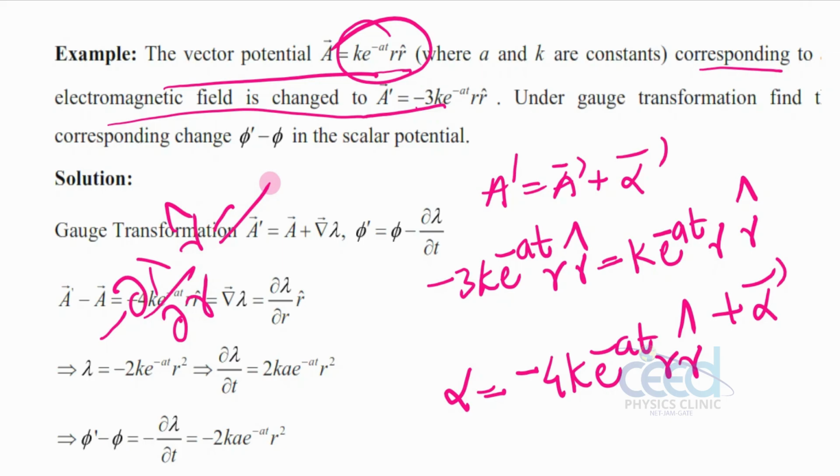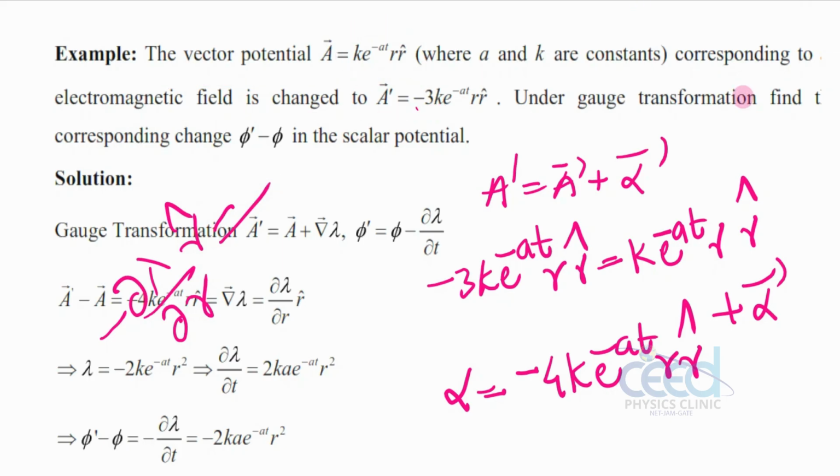Now what is alpha? Minus ∂λ/∂r cap. That is the only alpha we derived, right? So that is equal to this, minus ∂λ/∂r is equal to the alpha value we are substituting.